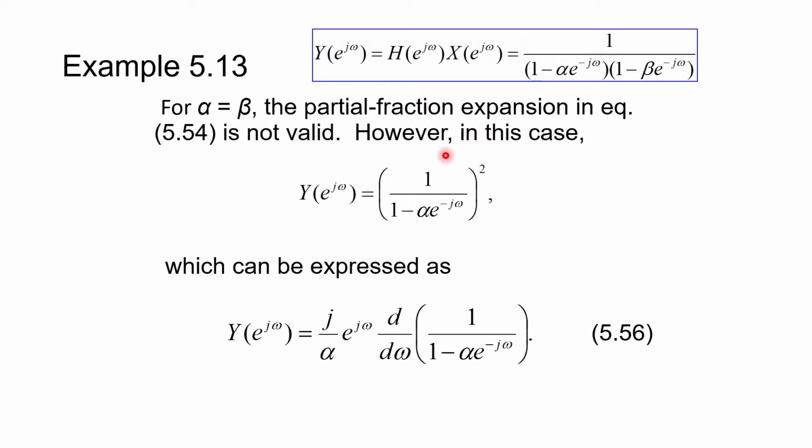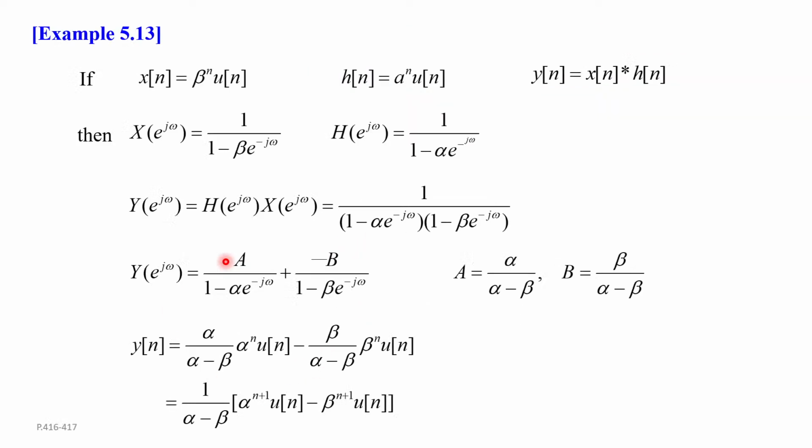So also just like chapter 4, when alpha equals beta, then in the frequency domain you have 1 over 1 minus alpha e to the minus j omega, squared. So something squared. And you can get this form by doing a differentiation.